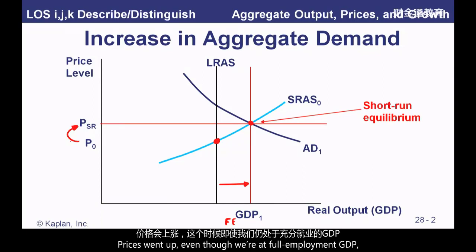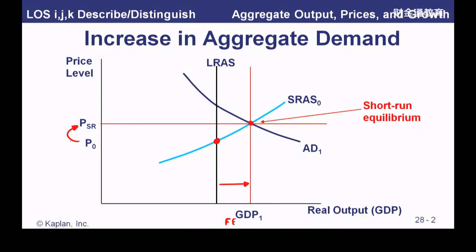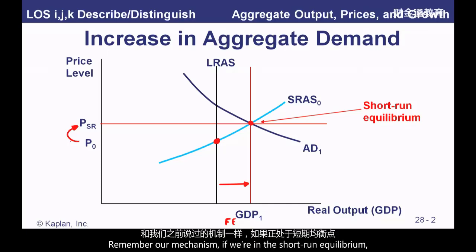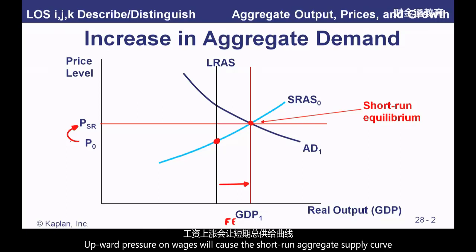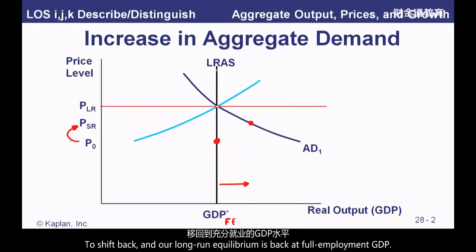Even though we were at full employment GDP, there are more hours being worked now. But not all of that will stick in the long run. Remember our mechanism? If we're in this short-run equilibrium, upward pressure on wages will cause the short-run aggregate supply curve to shift back, and our long-run equilibrium is back at full employment GDP.